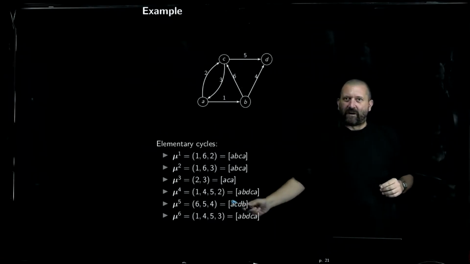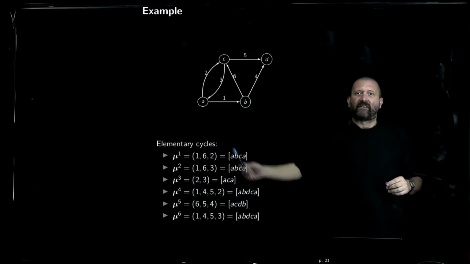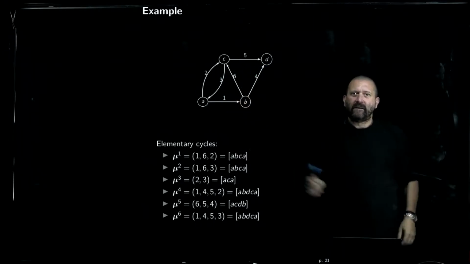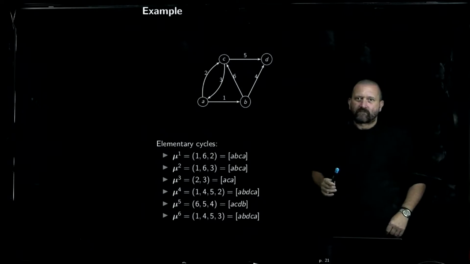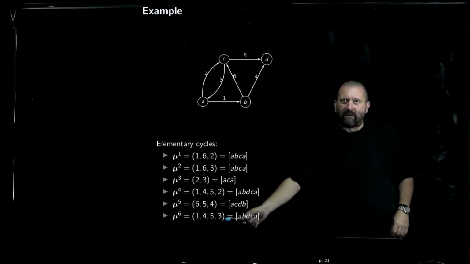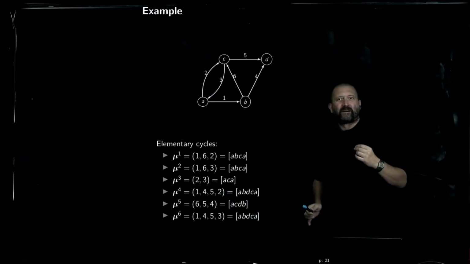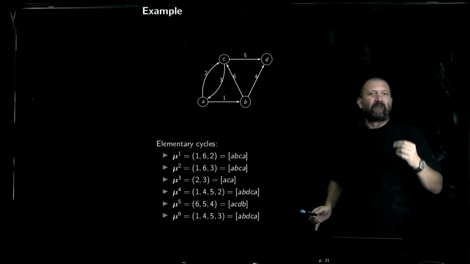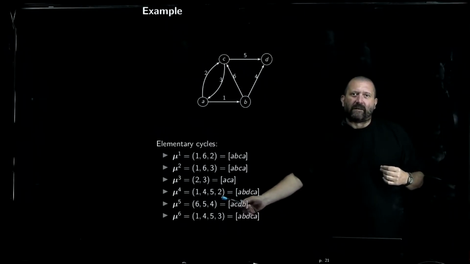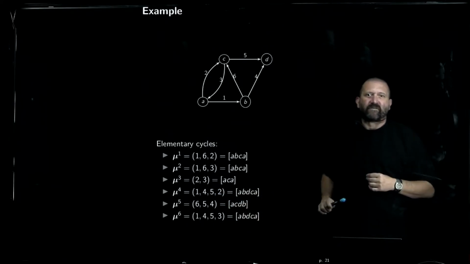And then there's this one that does A, B, D, C, A. And this one and that one are the same in terms of the order of the vertices that they meet, but they are different in terms of the arcs that they follow, because that one uses 2, whereas that one uses 3.